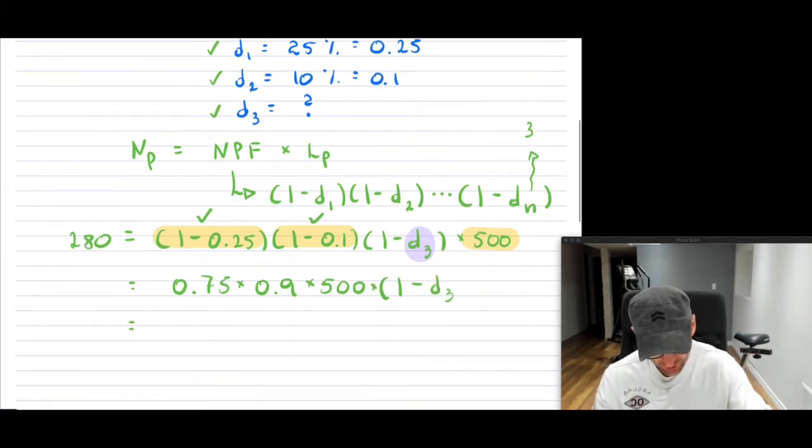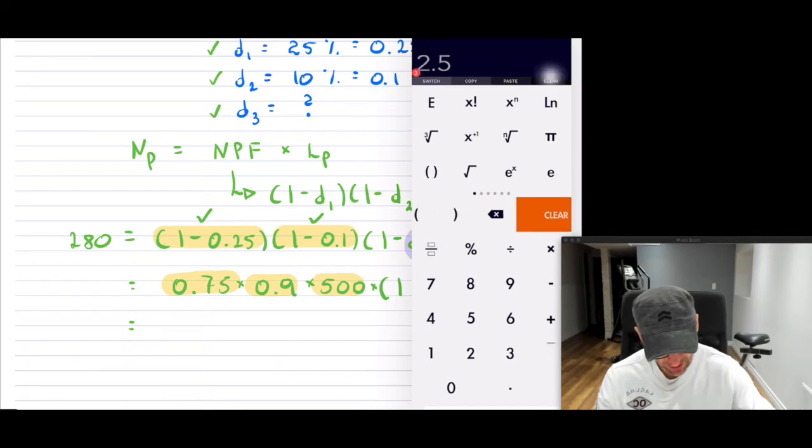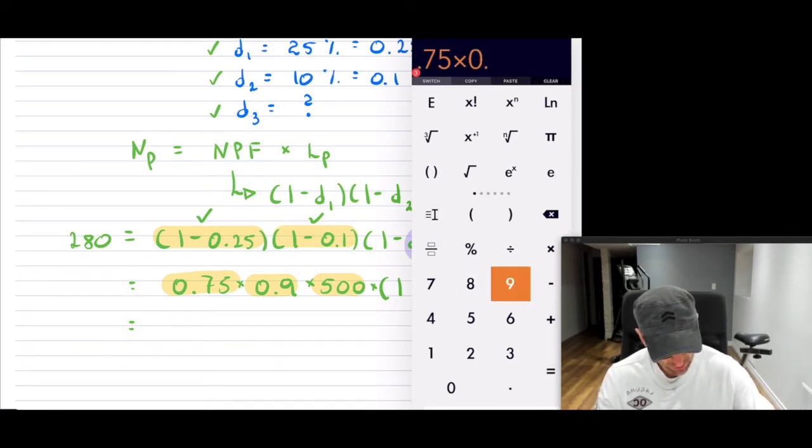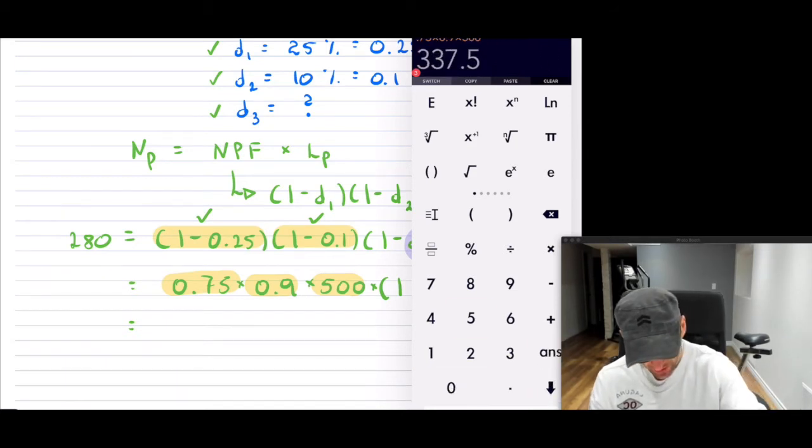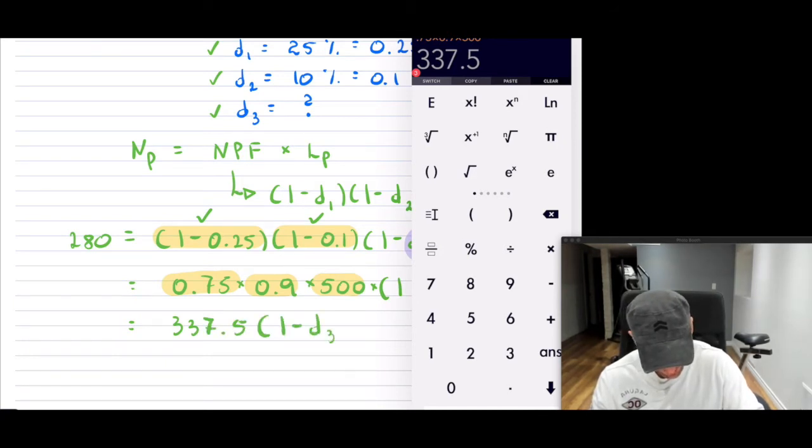Now I can just go ahead and multiply these right through: 0.75 multiplied by 0.9 multiplied by 500. That is 337.5 times 1 minus D3.